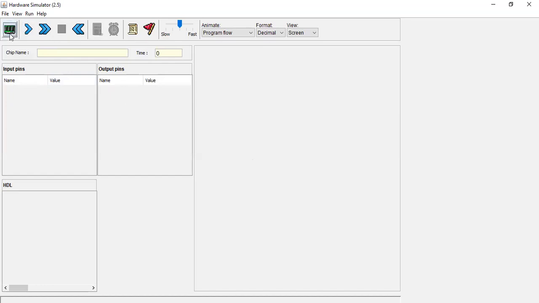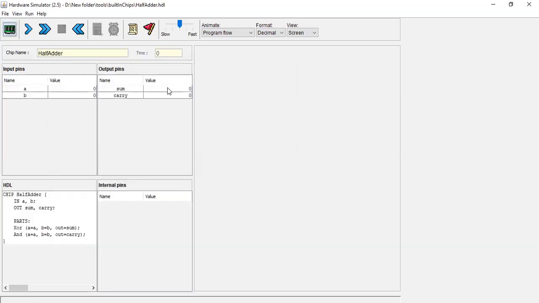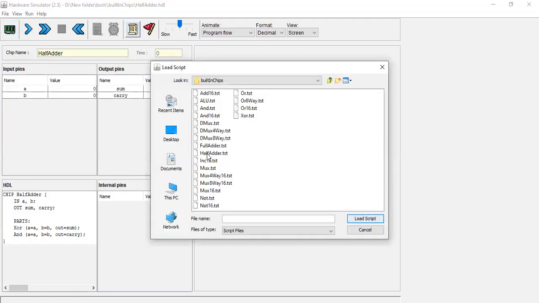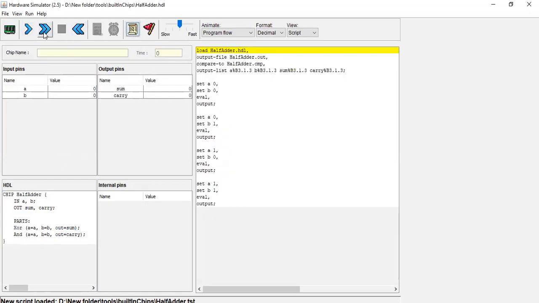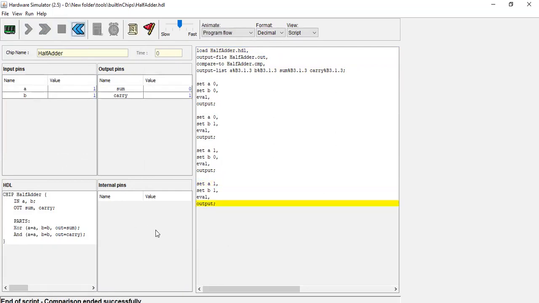Again, how will we do it? Let's load our chip, say for example the half adder, and its script. Then click the run button. If successful, a prompt will appear at the bottom right part: comparison ended successfully.